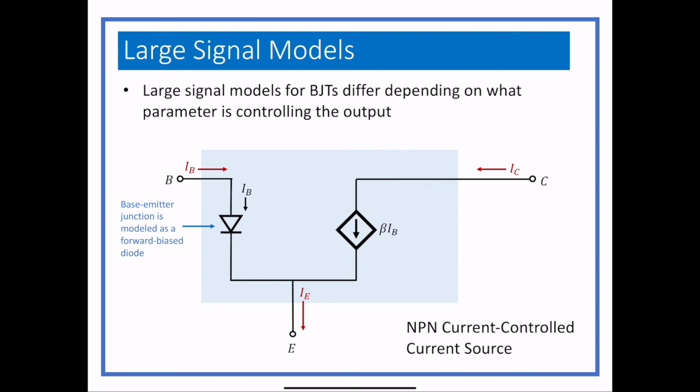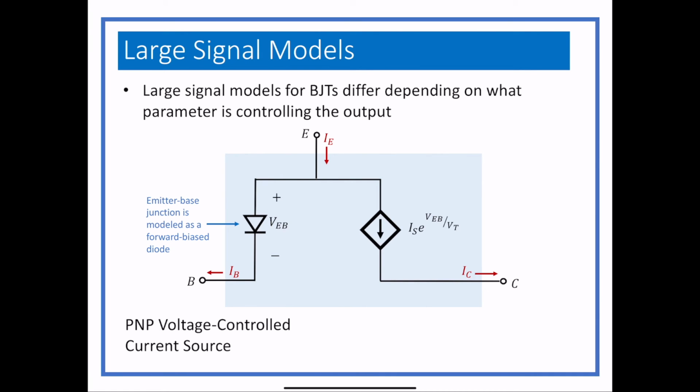And those two models give you exactly the same values at the end. So they work exactly the same way. It just depends on what happens to be your particular focus. You can also look at a PNP model. A PNP model for the voltage controlled source looks very similar.